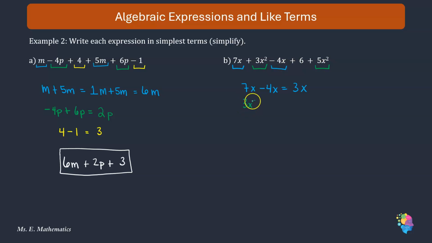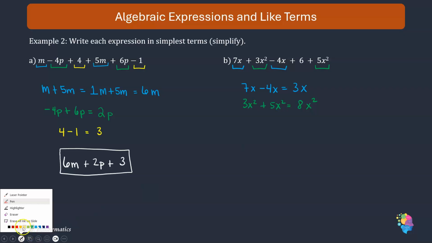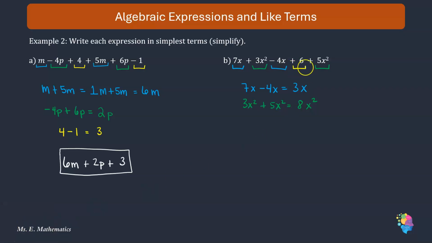So 3x squared plus 5x squared. We add the coefficients. 3 plus 5 is 8, and bring the variable. Don't forget the exponent. And finally, we have a single constant. Because there are no other constants, then we're just going to bring it and write it down.